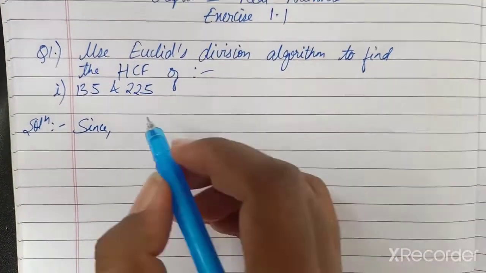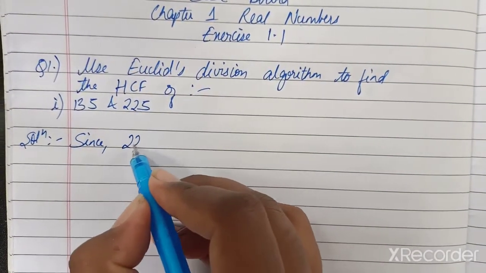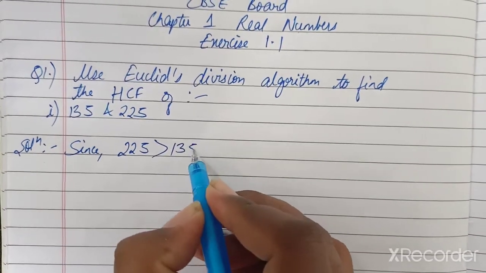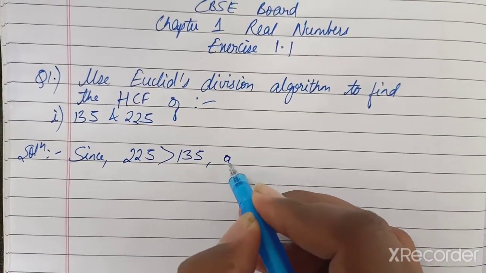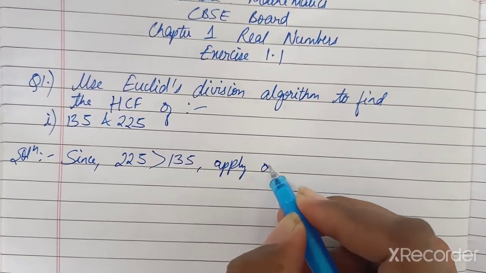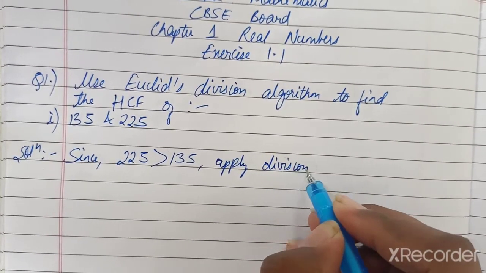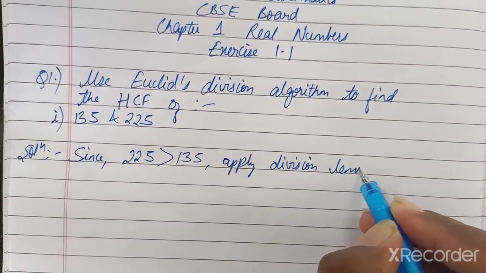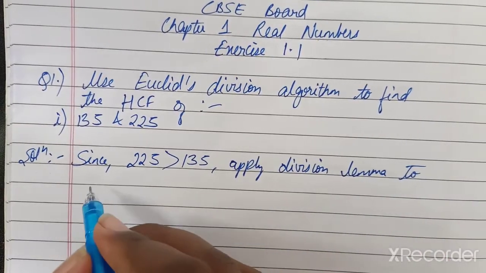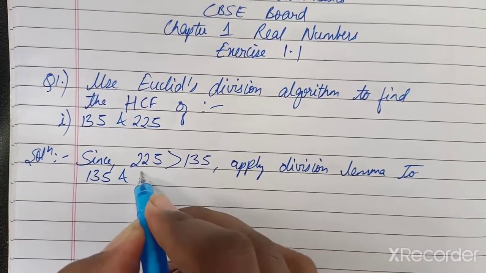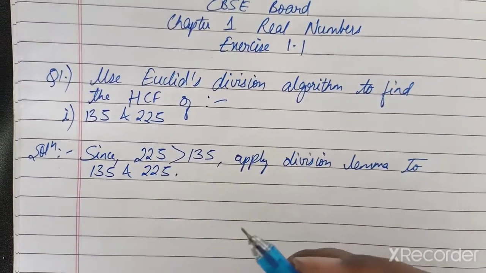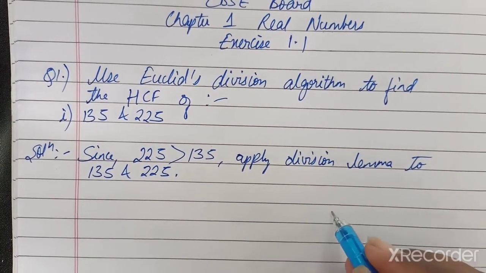First we are going to see which one is greater. Since 225 is greater than 135, apply division lemma to 135 and 225. So we are going to divide.